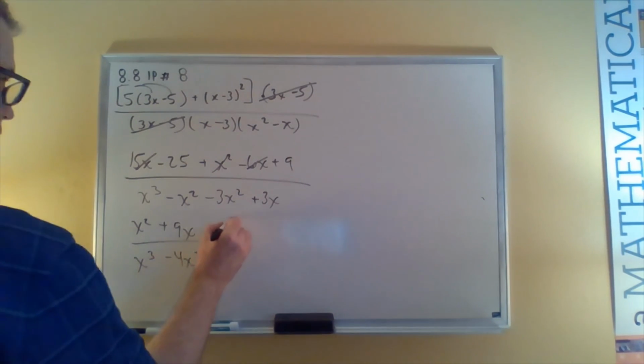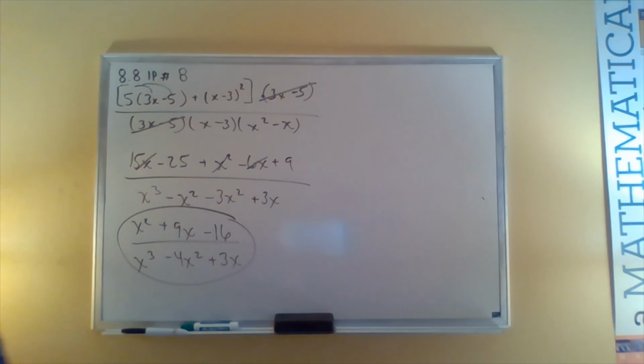That's as far as I can go on this one. I'm not going to factor the top here. I guess I could pull the greatest common factor of x out of the denominator, but that's not necessary. So my final answer for number 8 is x squared plus 9x minus 16 over x cubed minus 4x squared plus 3x.